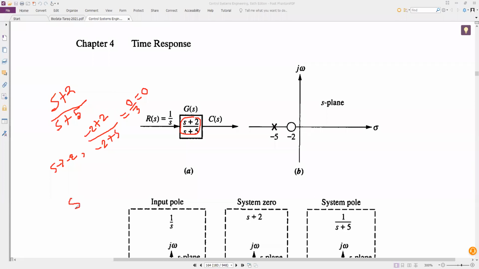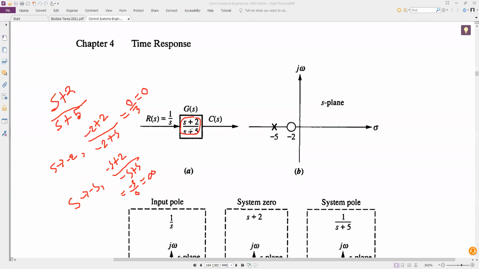Again, if you put s equal to minus 5, then what would happen? Minus 5 plus 2 divided by minus 5 plus 5, so it would become minus 3 by 0. That would be infinity.